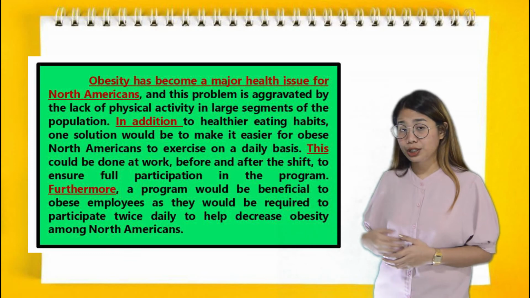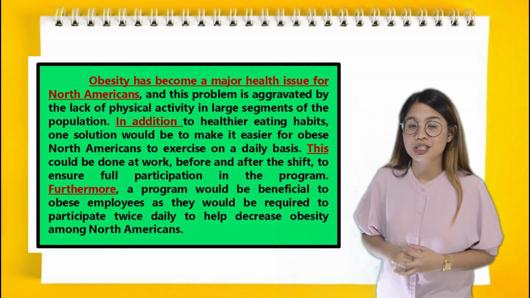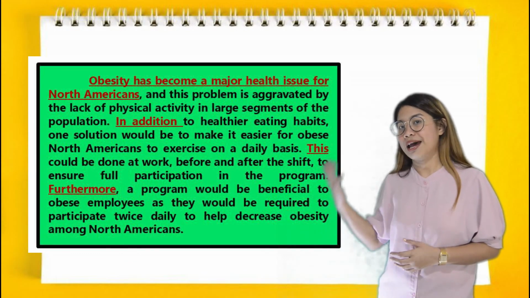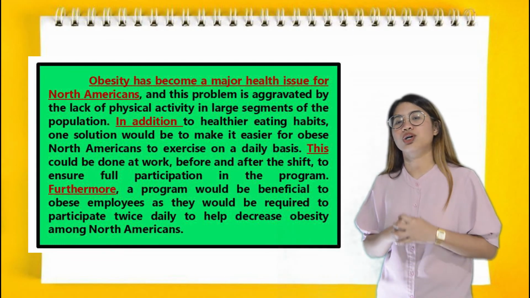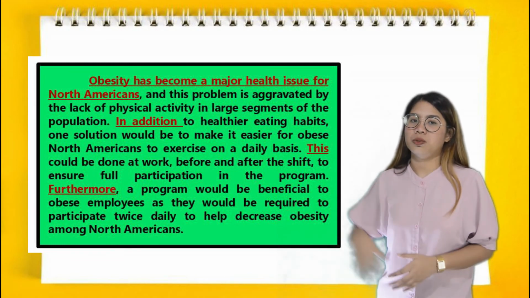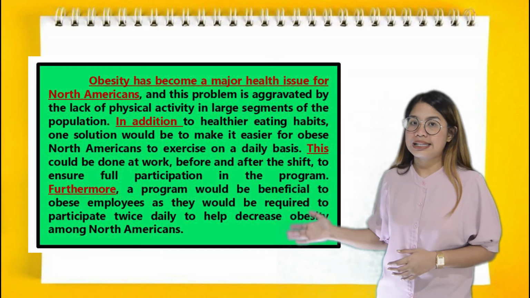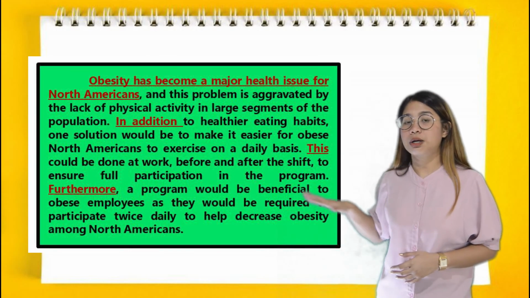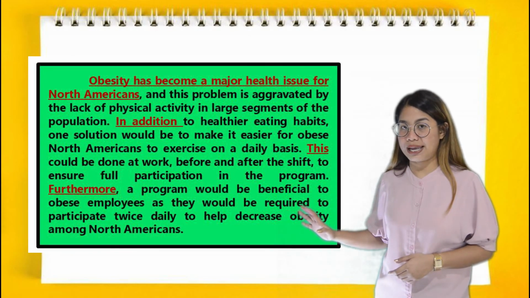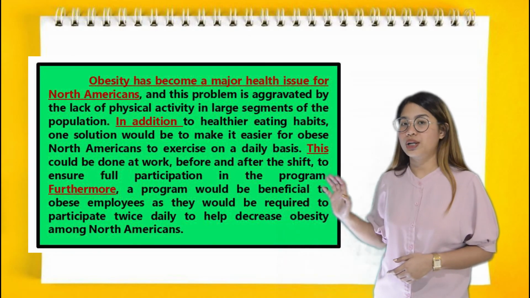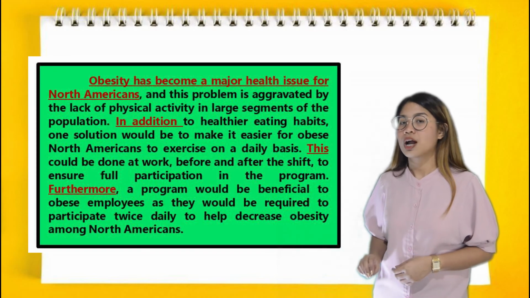So those signal words help us to identify that the paragraph is an example of a problem solution paragraph. So the last sentence or the latter part of the paragraph states or explains the solution or the possible solution to our problem. So now let me know your scores.